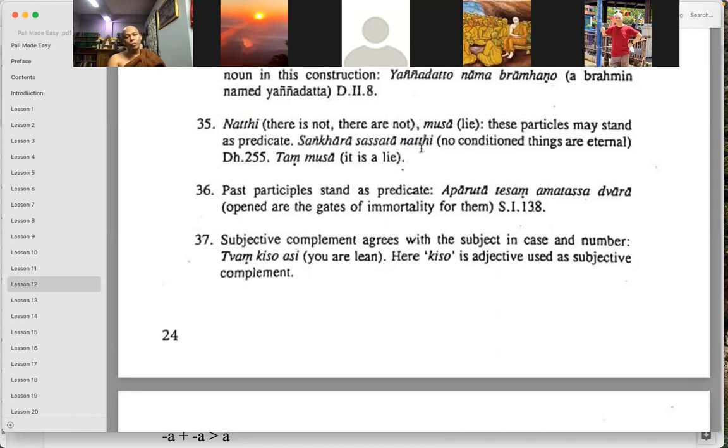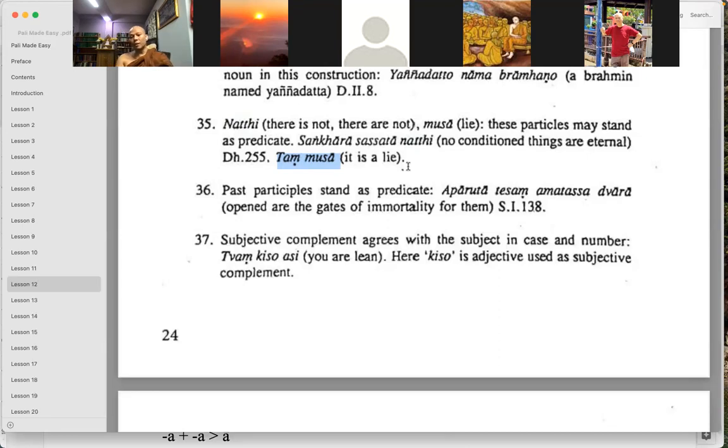Using it alone also Musa, never changed. Then Musa, it is a lie. In this way, it is a lie. The form is different from the dhamma, right? So in this way. But that one is also important.